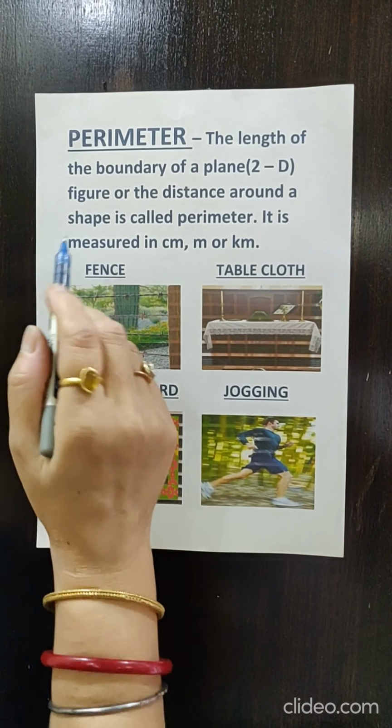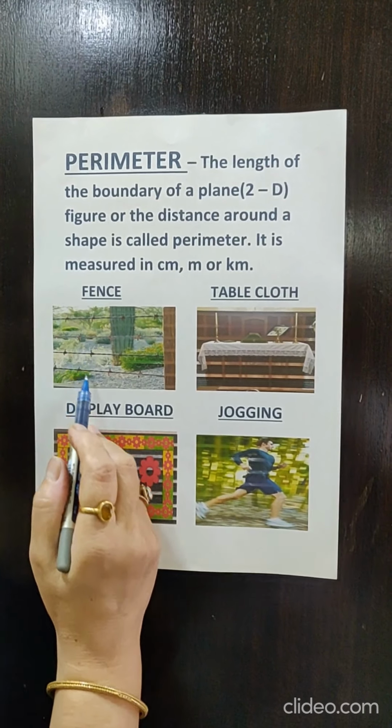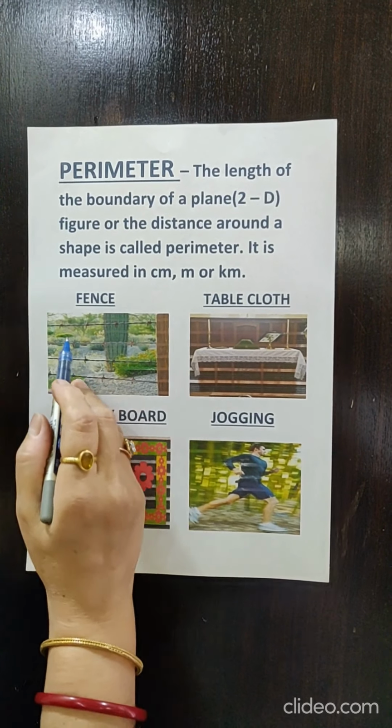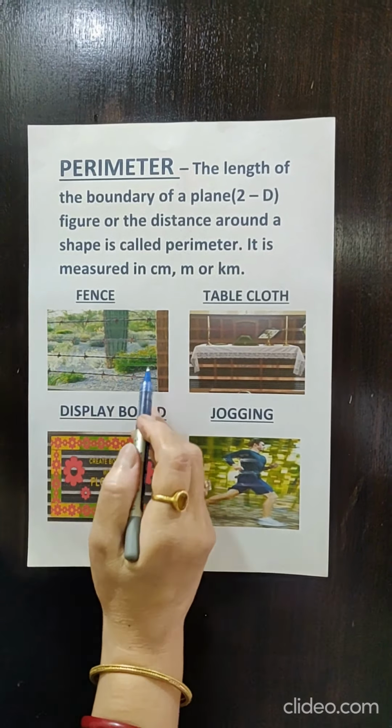Let us understand this concept, perimeter, in detail. See, this is a picture where the lawn is fenced with wire and pickets. Lace is put on the boundary of the tablecloth. Paper has been fixed on the corners of the display board, and this boy is jogging around the park.